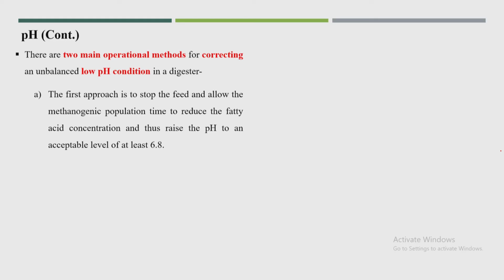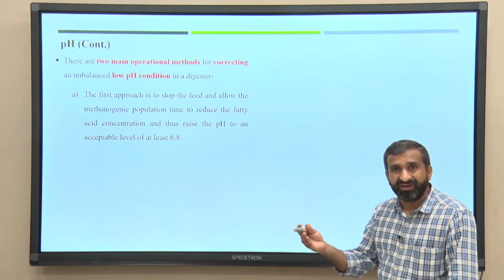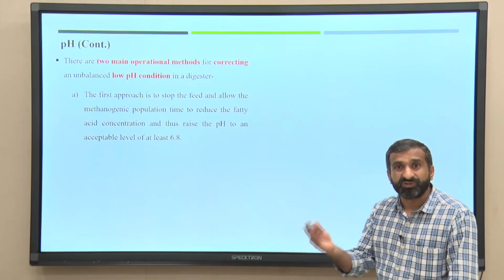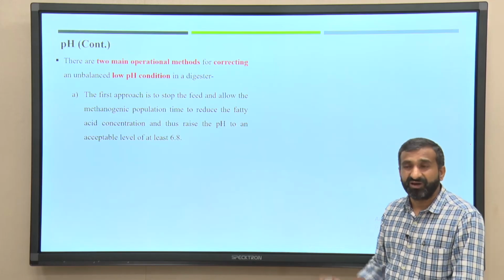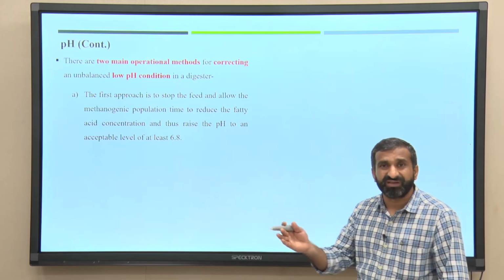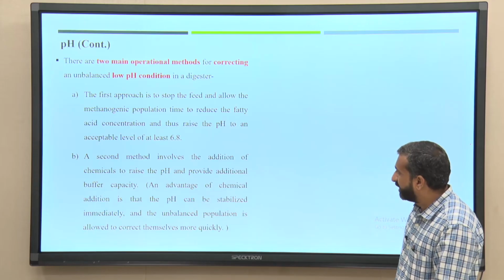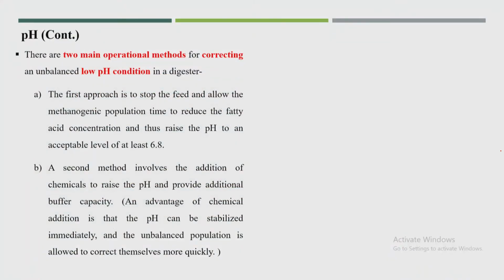So the first approach is to not feed the reactor, stop the feeding, so that the microbes will have more time to reduce these volatile fatty acids. Once you know that the pH has been modified by reduction of volatile fatty acids, again we can start the feeding of the reactor. The second method involves the addition of chemicals to raise the pH, which can provide additional buffering capacity to that particular mass.